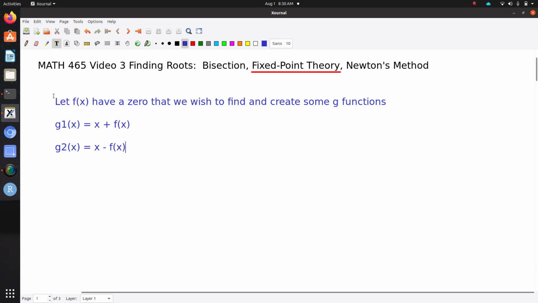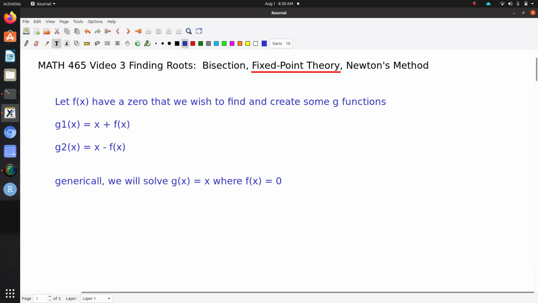In both cases, notice that if f of x is 0, then the g's equal the x's. Okay? And so generically, we will solve g of x equals x where f of x equals 0.